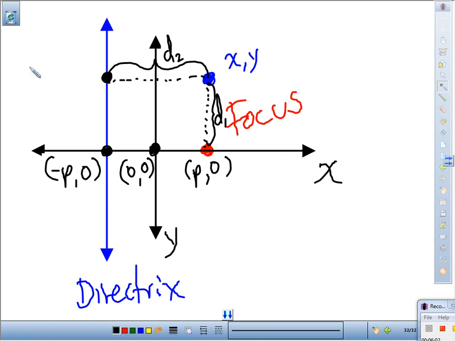And last but not least, find the coordinates of that last point.